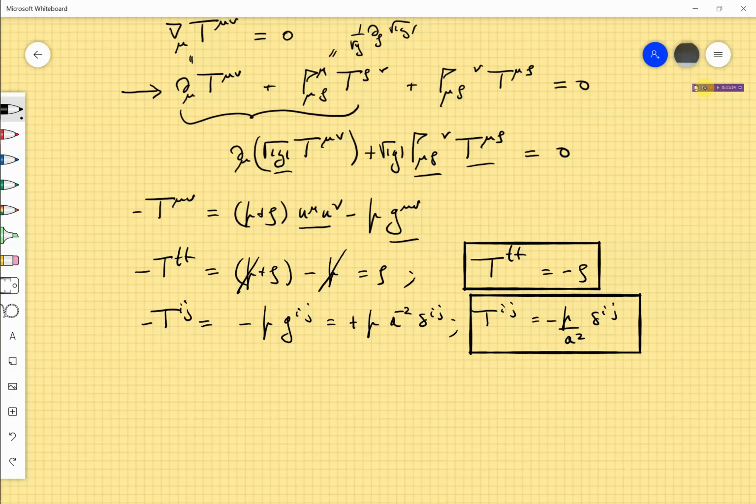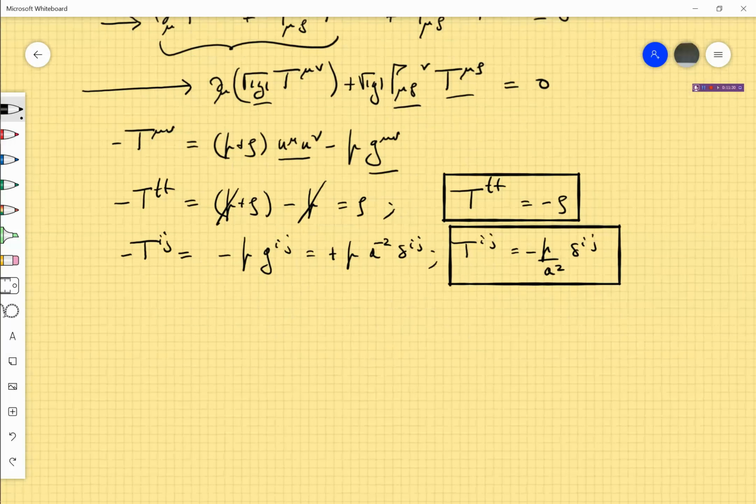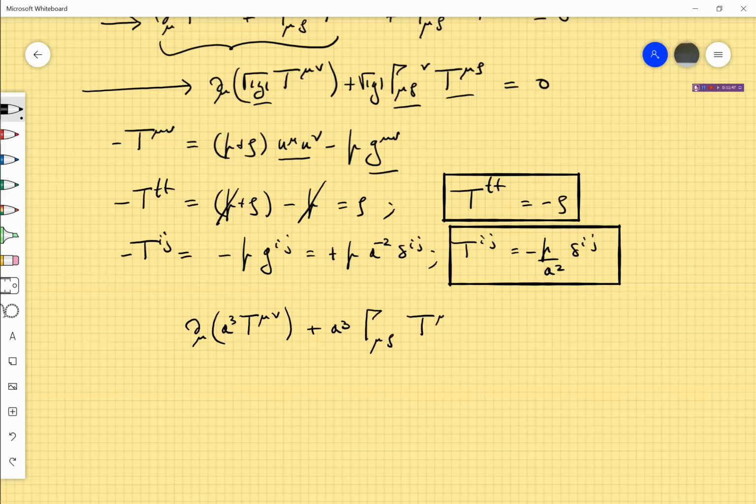Now let's go back to this formula here and start substituting things. So the square root of g is a cube, and we have t mu nu plus a cube. We just said that t mu rho is diagonal, but there are no gamma 0, 0, whatever components, so this has to be tij.